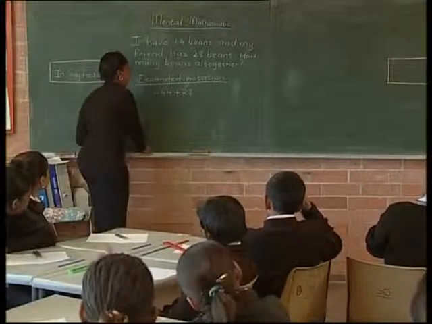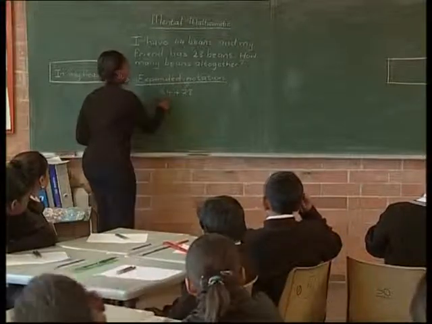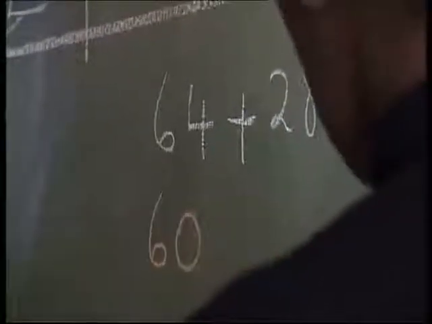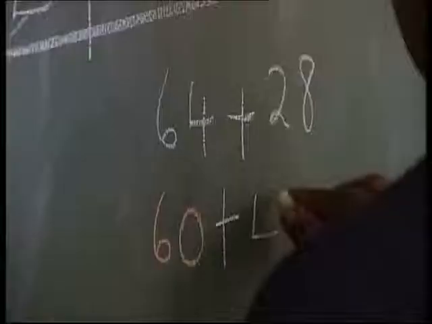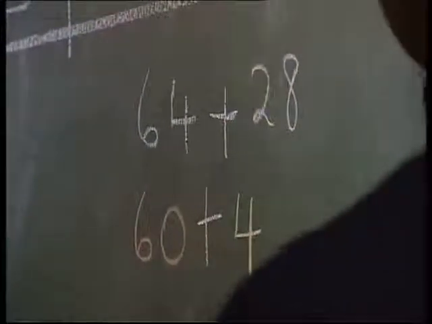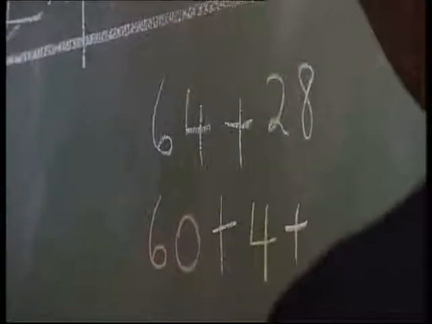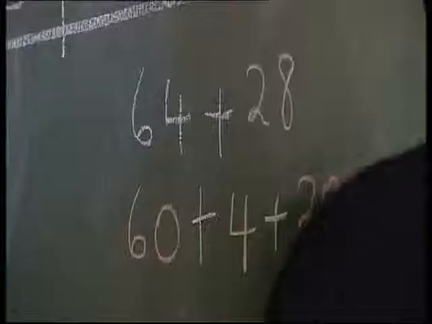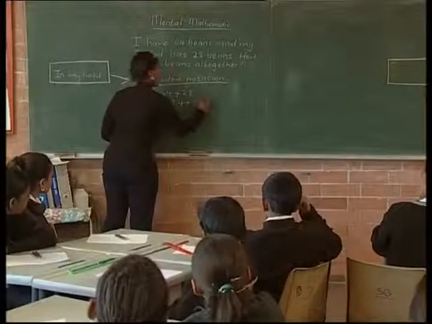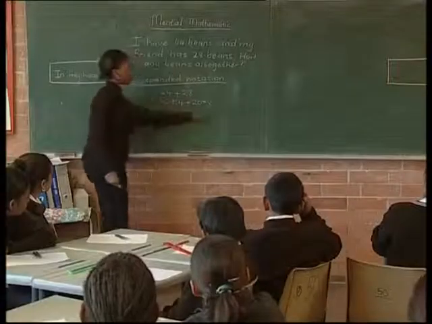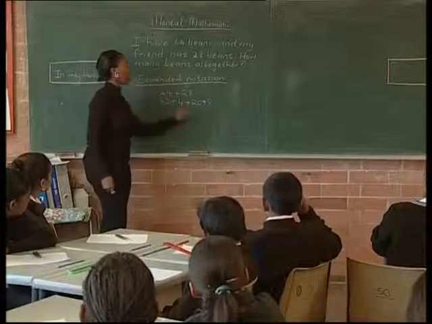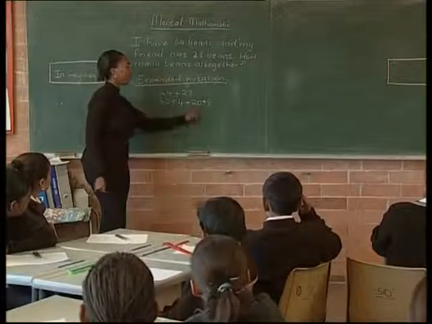So how many tens are there from this number? There is 6 tens plus how many units? 4. 4 units plus how many tens? 2 tens. And how many units? 8. So I've written the units in yellow and I've written the tens in orange.